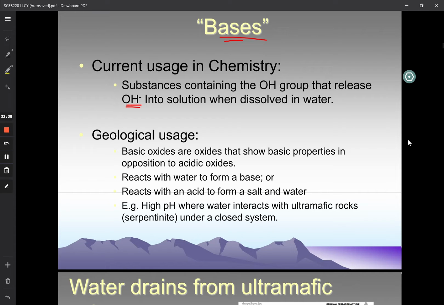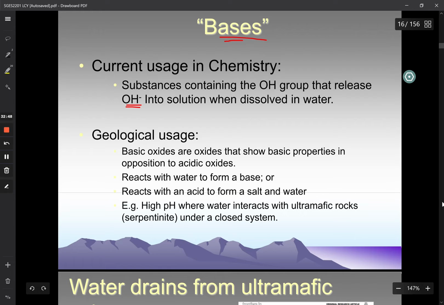Often you have high pH water where water interacts with ultramafic rocks or serpentinite under a closed system. Because in serpentinite you have a large amount of magnesium in these minerals, this type of ultramafic rock.